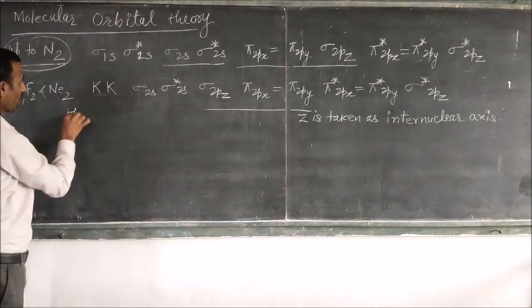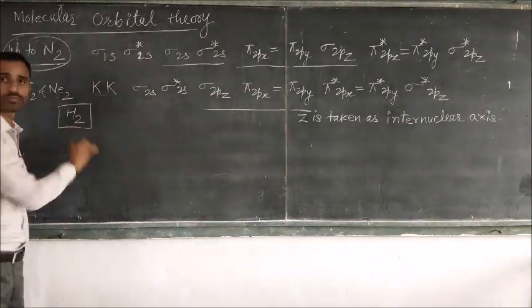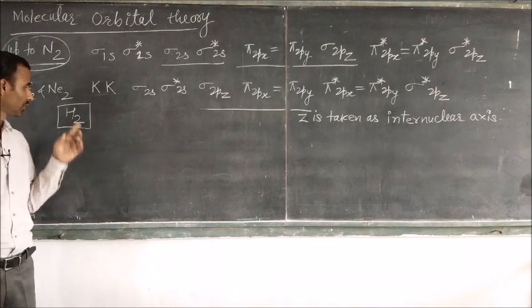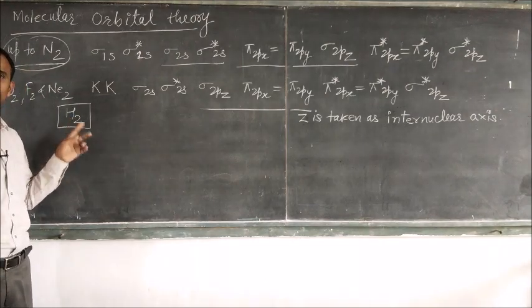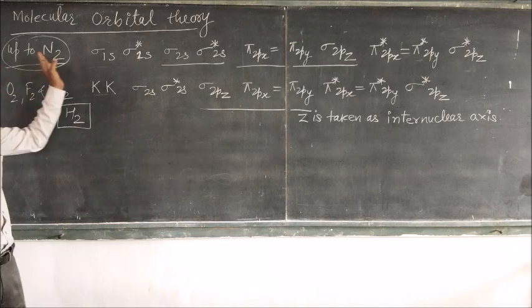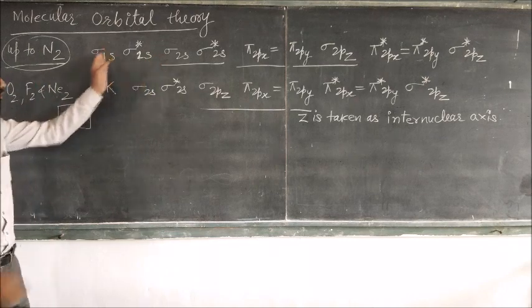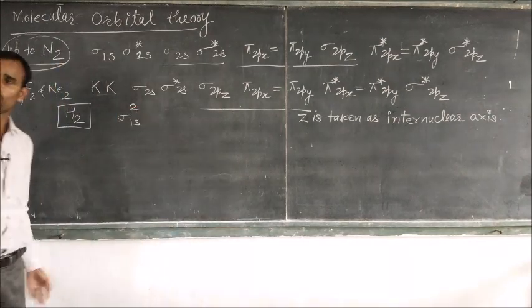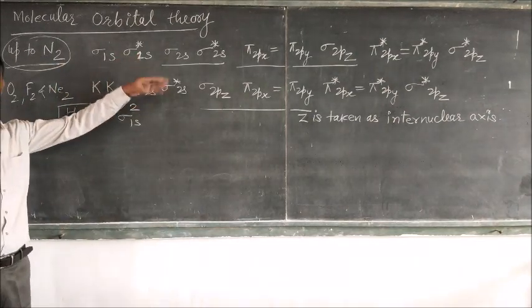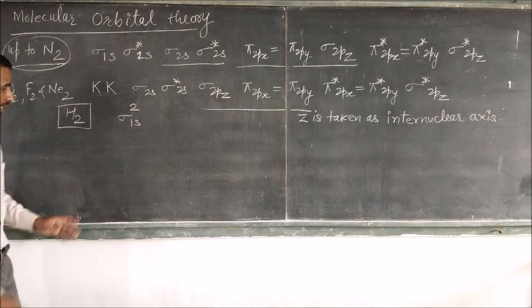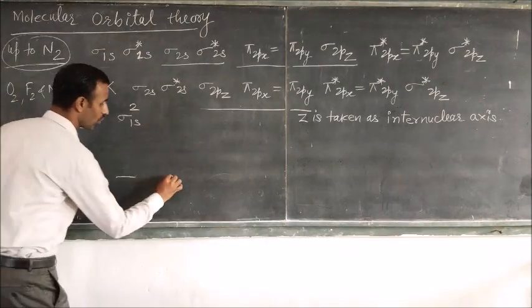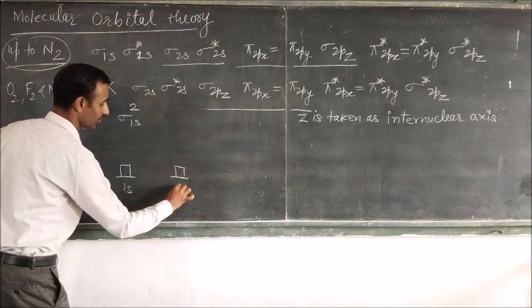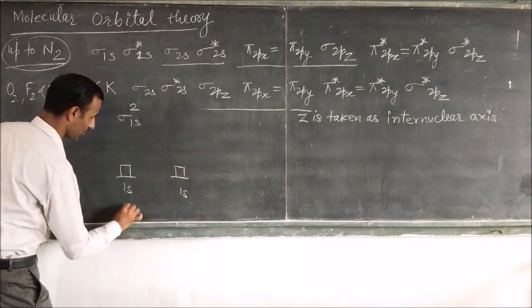Now, in case of H2 molecule, you know, hydrogen has one electron. So H2 has two electrons. So fill in. Only there is sigma 1s2, sigma star 1s0. That means if we draw the molecular orbital energy level diagram, this is 1s for hydrogen atoms.